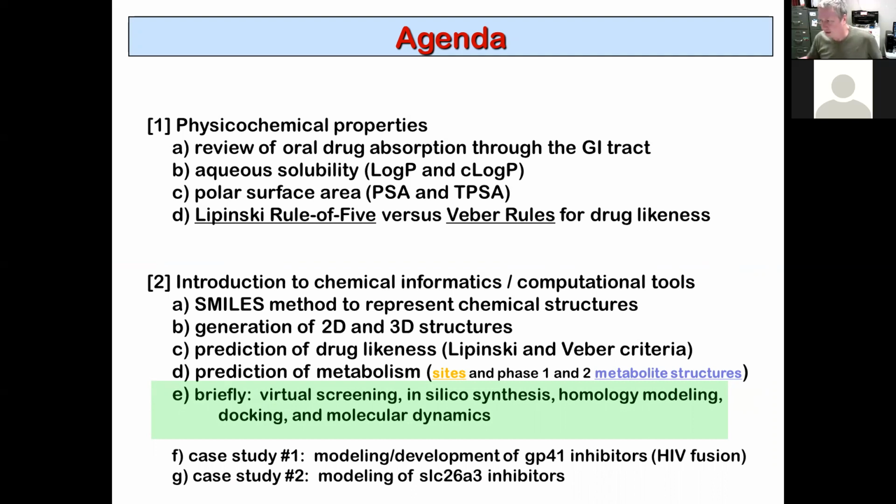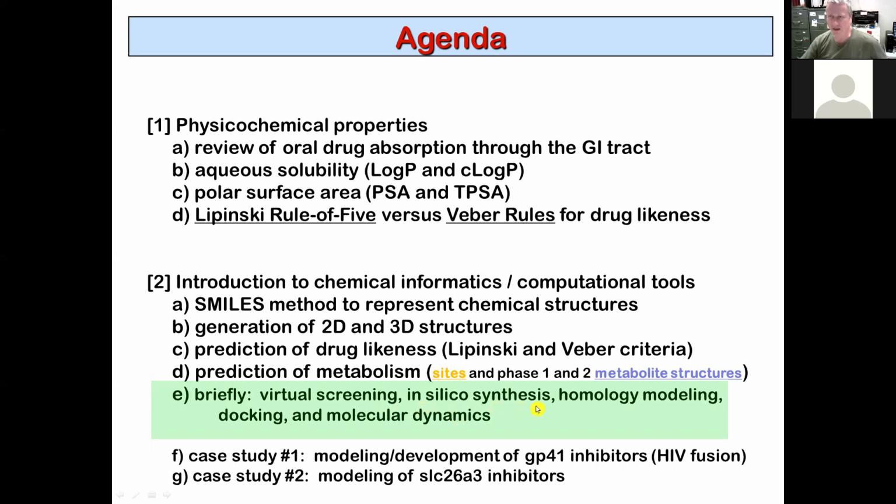But we're getting into some cool things. It's hard for me to really demonstrate this in a way that you could do it, but I can definitely talk about it. The concept of virtual screening, in silico synthesis, which you'll do. In silico synthesis we will be able to do. What does that mean again? That means doing synthesis on the computer, which is really cool.